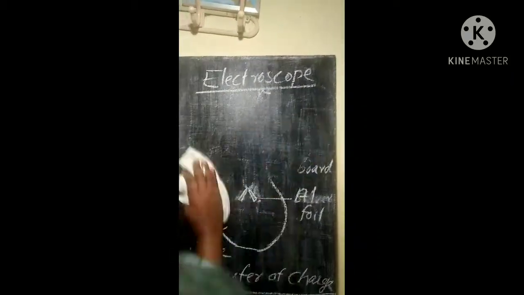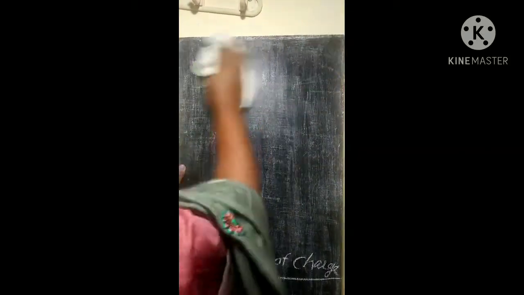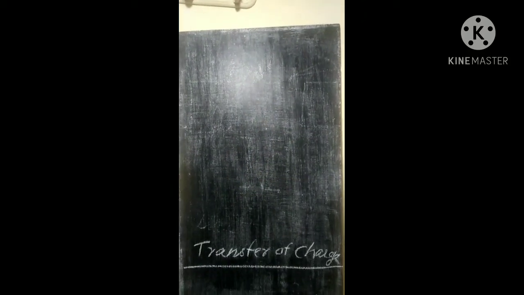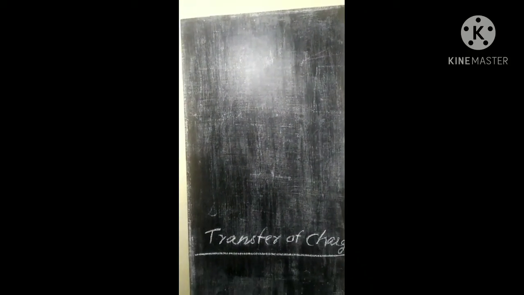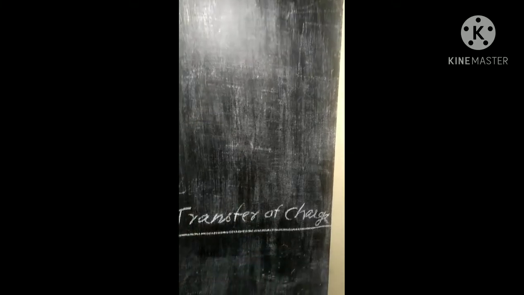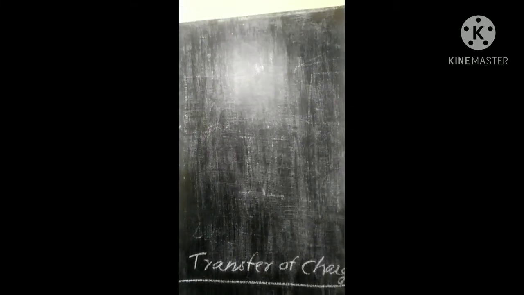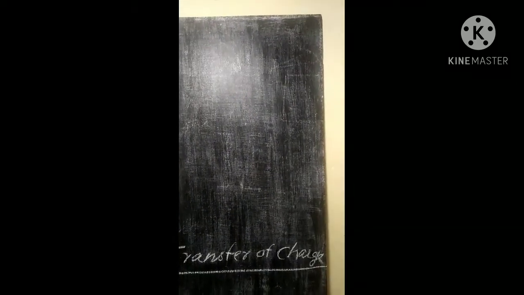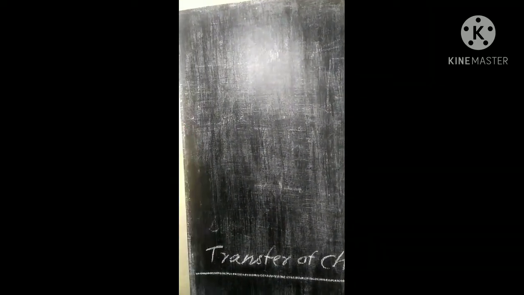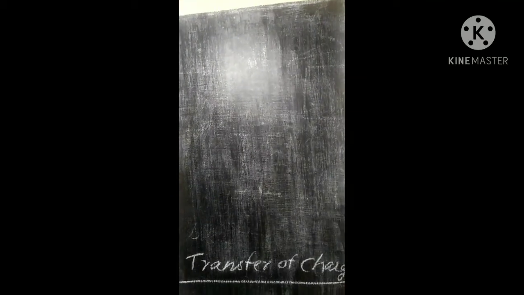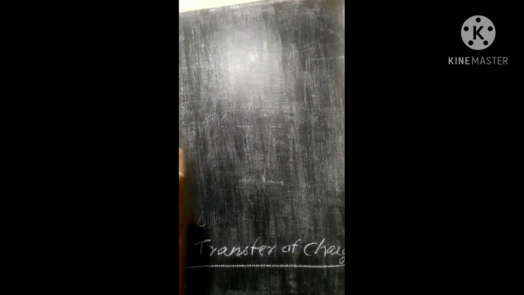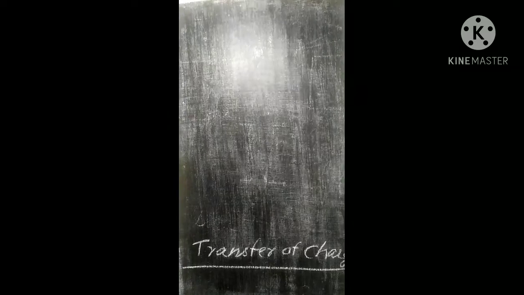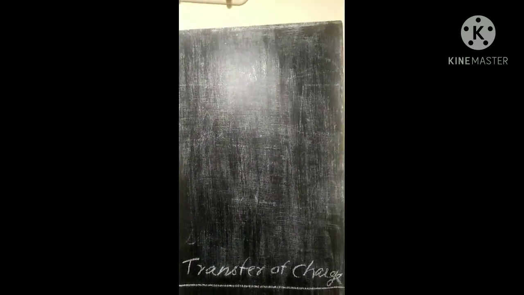And next we are thinking about whether it is possible for the charges to move from the cloud to down, or from one material to another, from cloud to earth, or within the clouds themselves, or from an electric device to the earth. That is also called the transferring of charge.